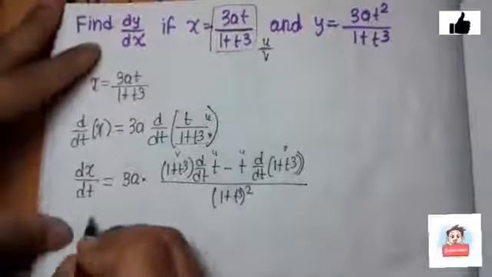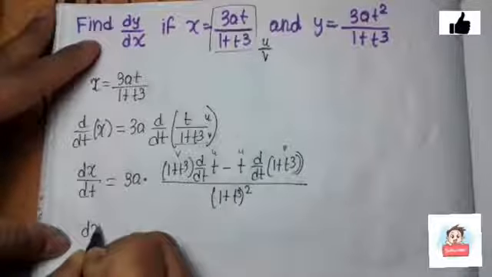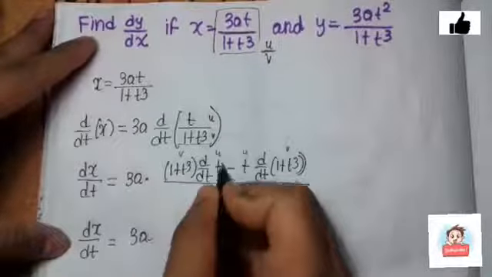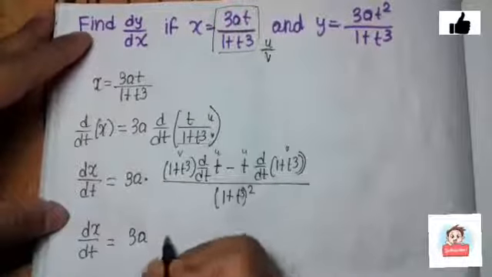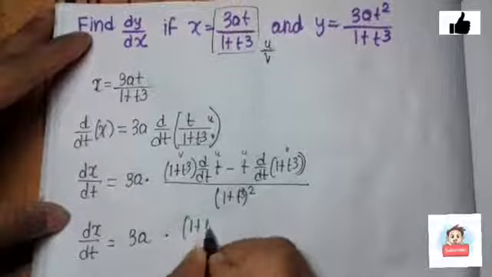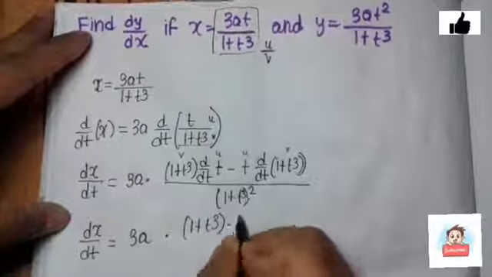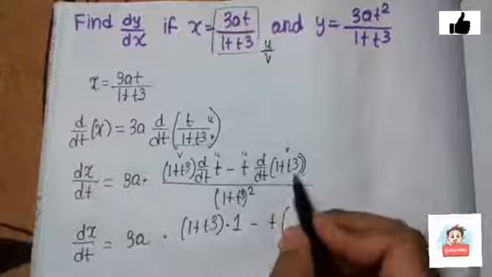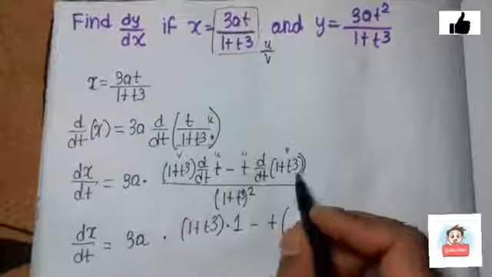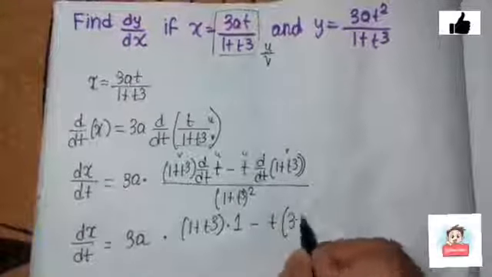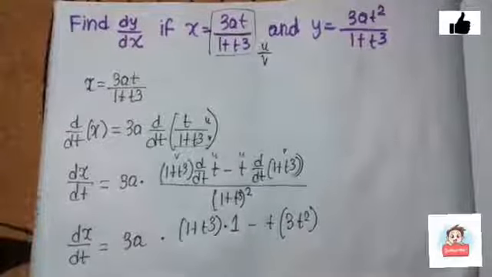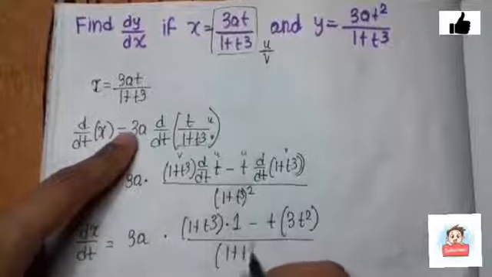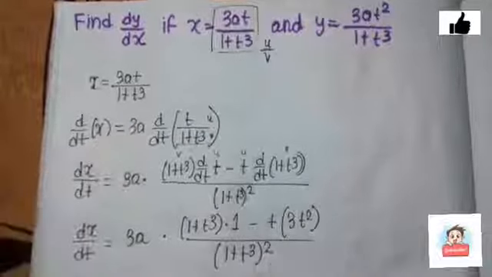So in the next part we do dx by dt equals 3a, the derivative of t is 1, so 1 plus t cubed into 1, minus t, the derivative of 1 is 0 and the derivative of t cubed is 3t square. The denominator is 1 plus t cubed whole square.